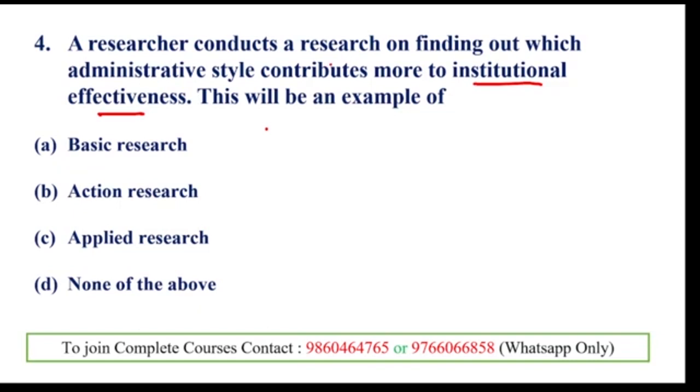So he applies that condition to the institution, and after that the administrative style will make an effective institution. Clear? So he applies that condition, which is called applied research. And after this application, again the administrative style or institutional effectiveness will become a proper one. So there comes action research later. Clear?